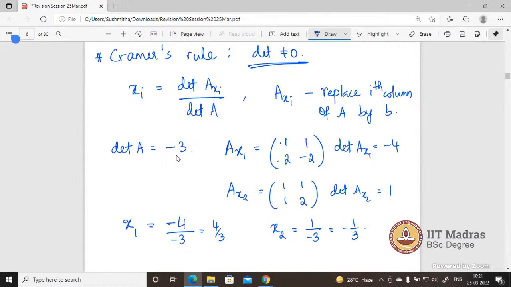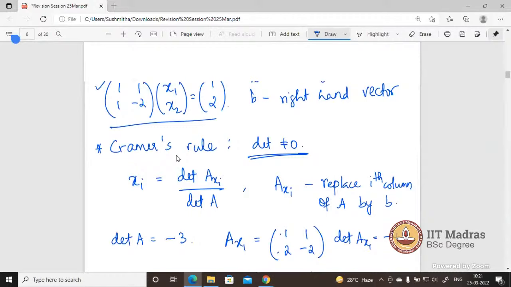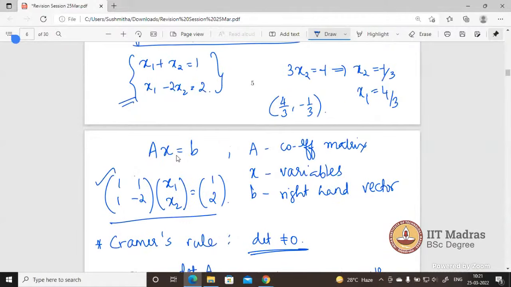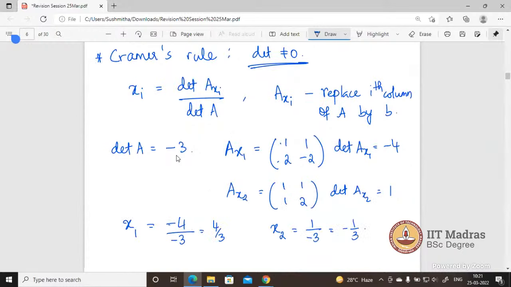So this is what we had got even by the method that we used earlier, right? 4 by 3 comma minus 1 by 3. Same solution. So you can choose to do it in any way you want, but you would have seen certain problems where Cramer's rule is the only way with which we can solve.